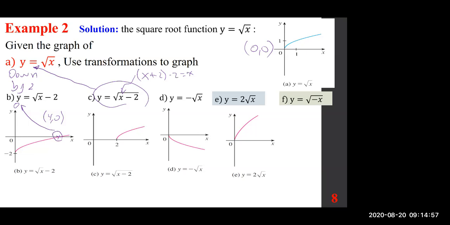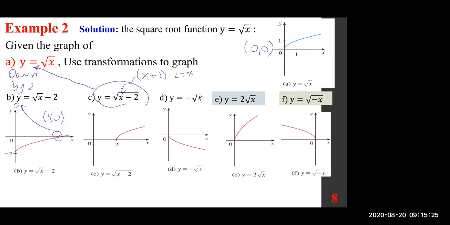And finally, if you have y equals square root of minus x, it is important not to think square root of minus x means negative. That's not what it means. It means the opposite of x, okay? And so with respect to that concept, x is being changed to negative x. It flips over, this time with respect to the y-axis. So you have the same 0, 0 as your intercept, and you can find the values.